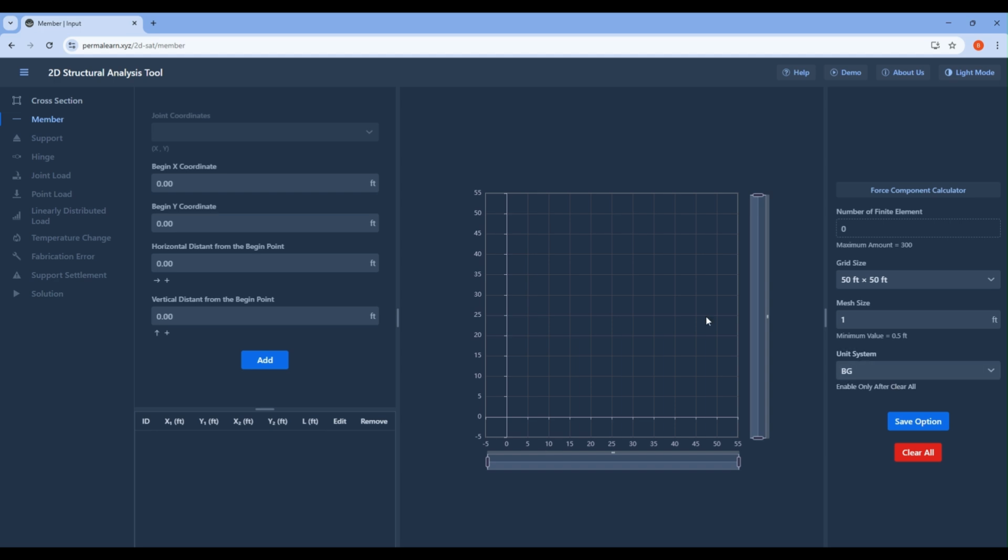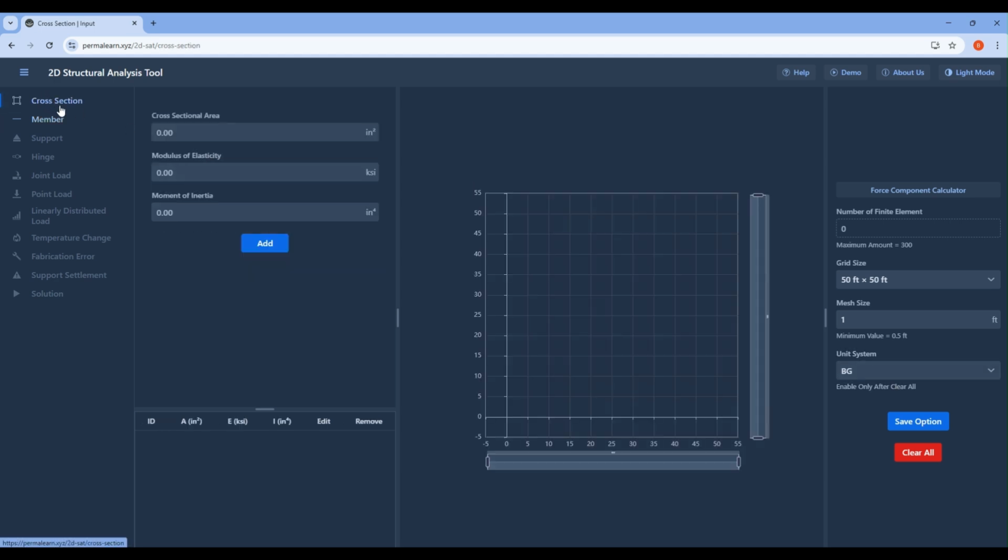It is also in BG unit, so we start with the cross section. We have I equal to 240, E equal to 2 here, and since it doesn't give the cross-sectional area, we can just plug in any value that you want, and also fix it so that it fits the moment of inertia.